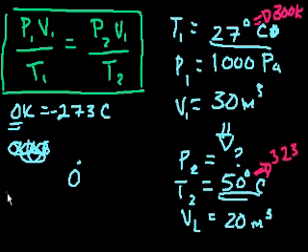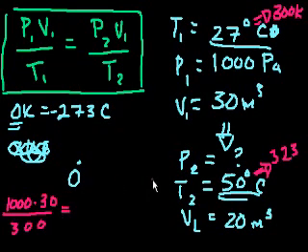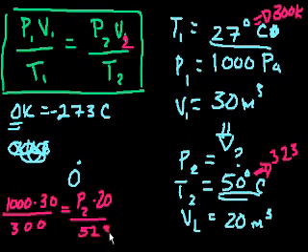So P1, 1,000 pascals, times V1, 30, divided by the first temperature, remember to do it in Kelvin, 300, is equal to P2, which we don't know, times V2, 20, divided by our new temperature, 323.